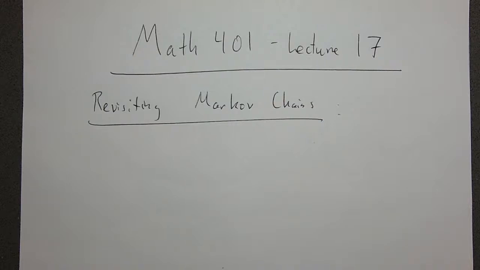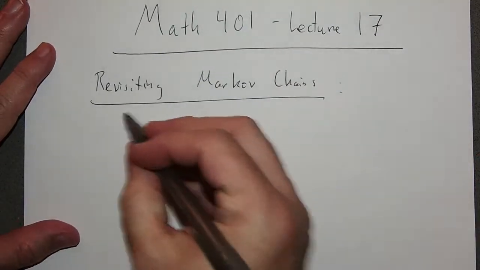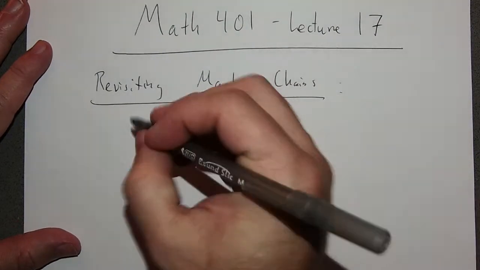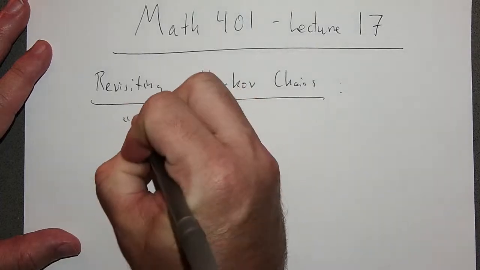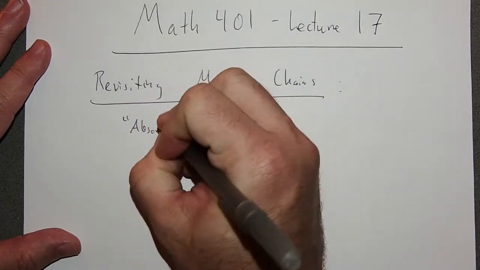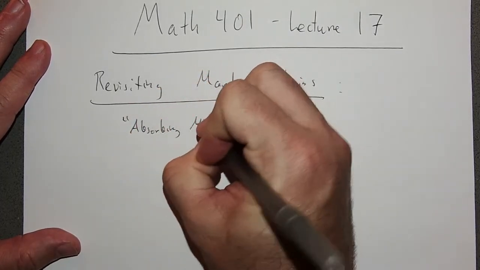So for that reason, I wanted to revisit this using a particular example to show another way of handling these things. A good example to illustrate what we are going to be talking about is the notion of an absorbing Markov chain.